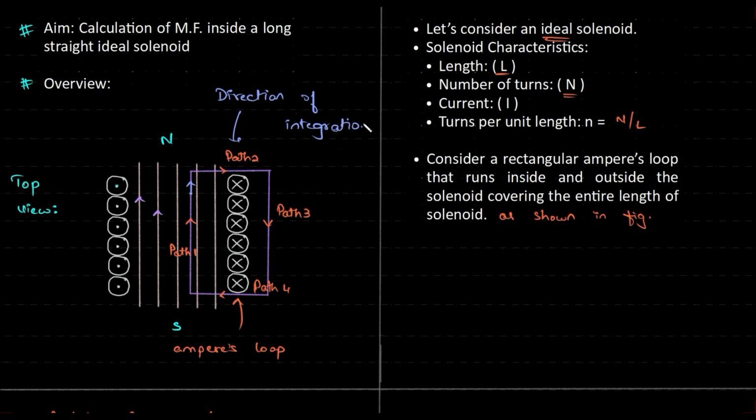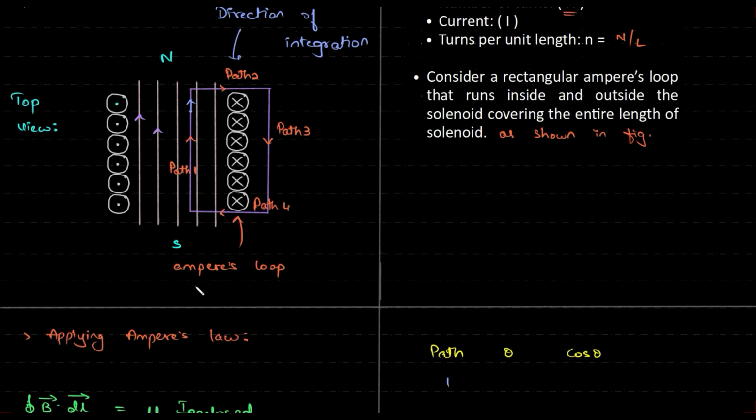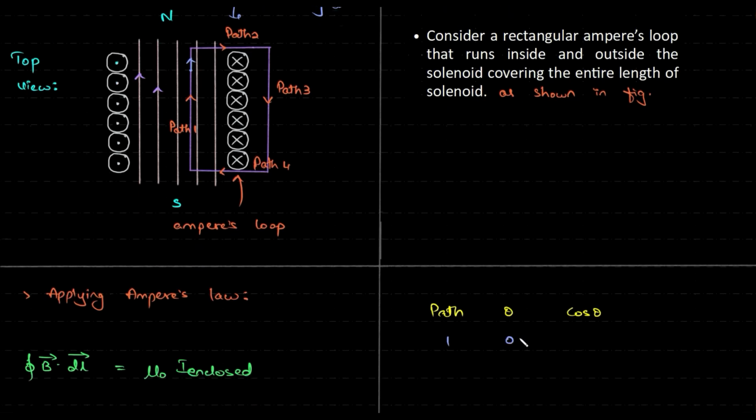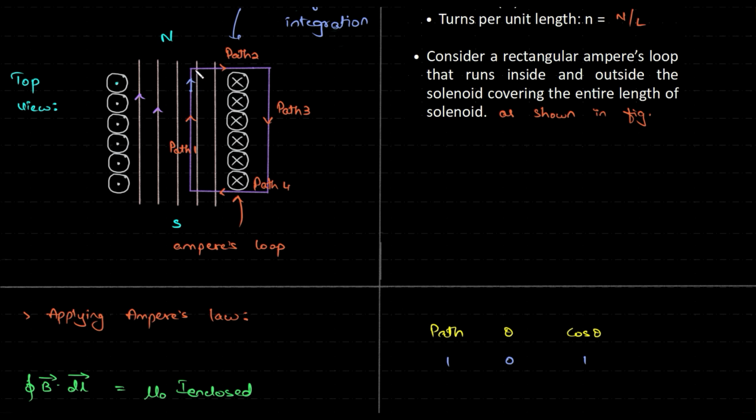So the angle between path 1 and the magnetic field is what? Path 1 is 0, so cos theta will be 1. Next, path 2. You can see over here it is 90 degrees, so this will be 0.